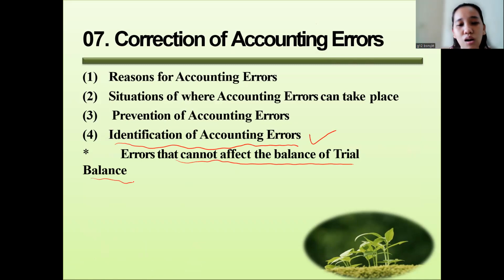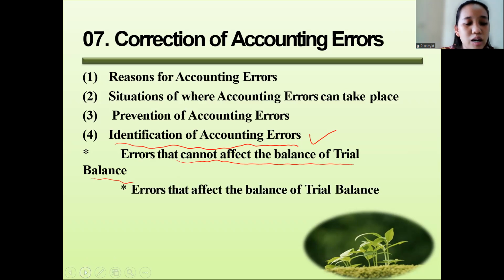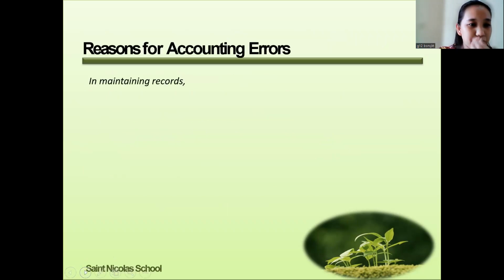It means the total of our trial balance is still the same, but somehow there is some error. The second one is error that affects the balance of the trial balance. We can see directly the total debit and the total credit are not the same. So for this reason we need a suspense account. This is a temporary account that we need in order to make the trial balance the same, just temporarily.